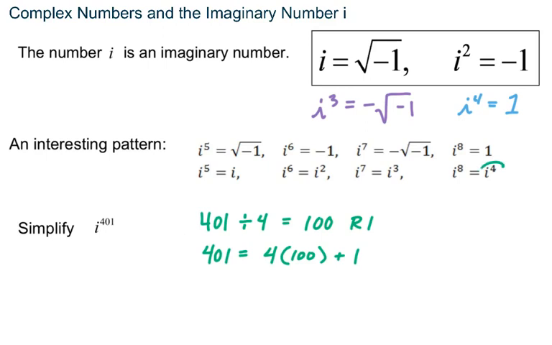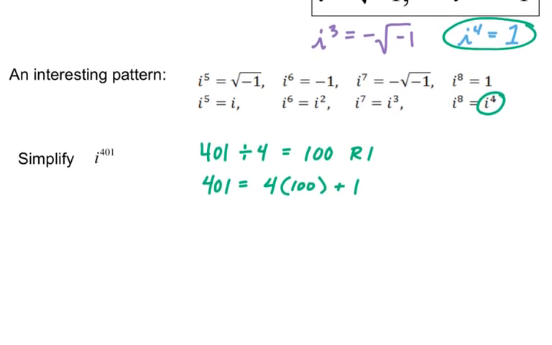Now, we like I to the 4th. I to the 4th is just equal to positive 1. So let's look at this. I to the 401, well, that's the same as I to the 4 times 100 plus 1.